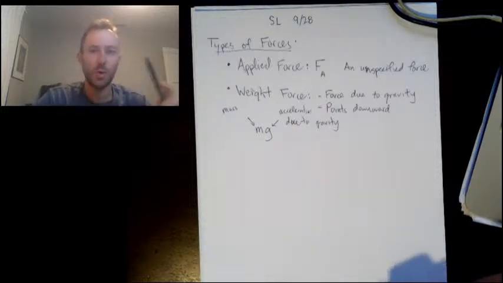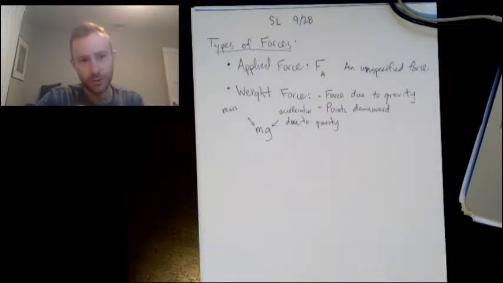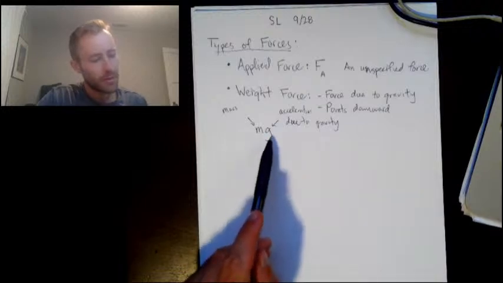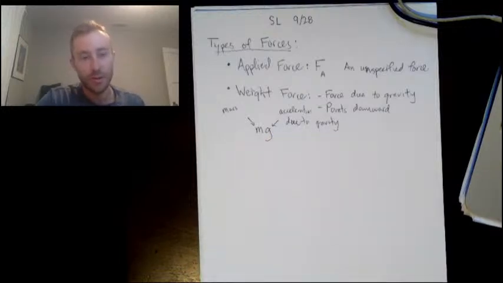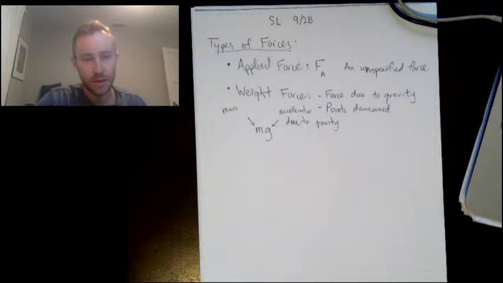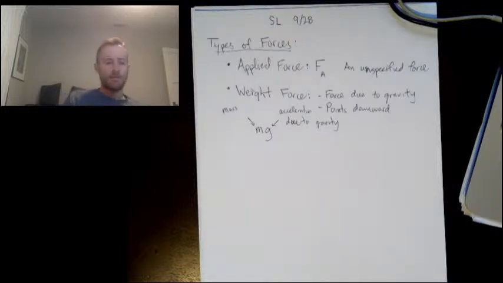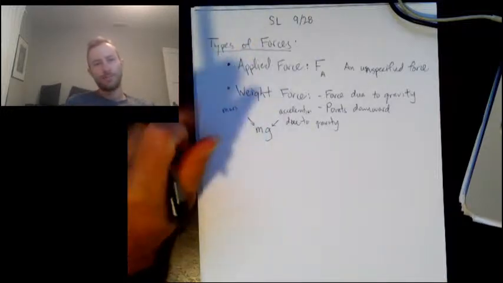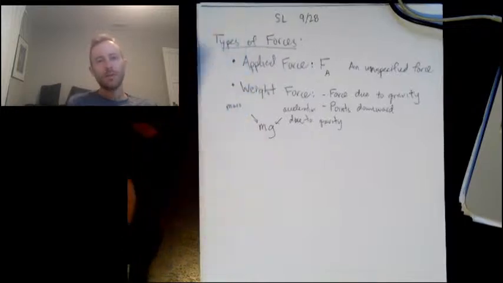So your weight can change from place to place because the acceleration due to gravity changes, even though your mass does not. The things that would change your mass would be if you ate stuff or you outputted stuff, etc. So that's the weight force.